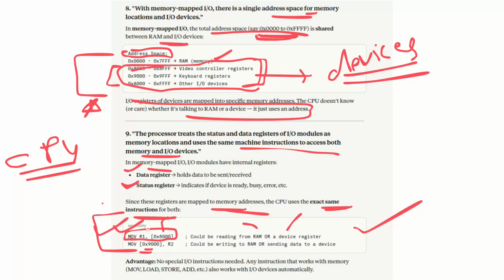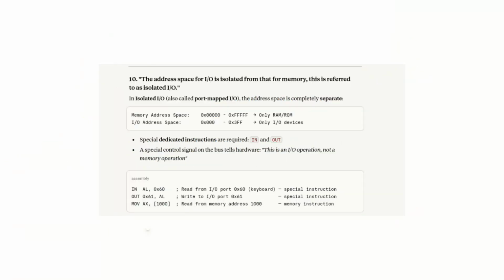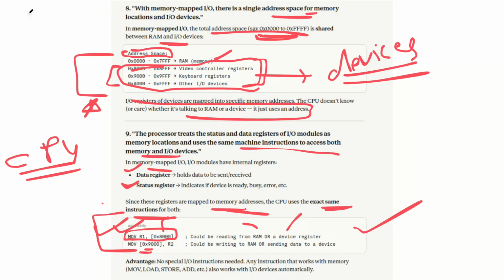And here also the data register and the status register of the IO module, the processor would treat like memory locations. Understood? So this is how the IO instructions are basically handled in the case of memory mapped IO.